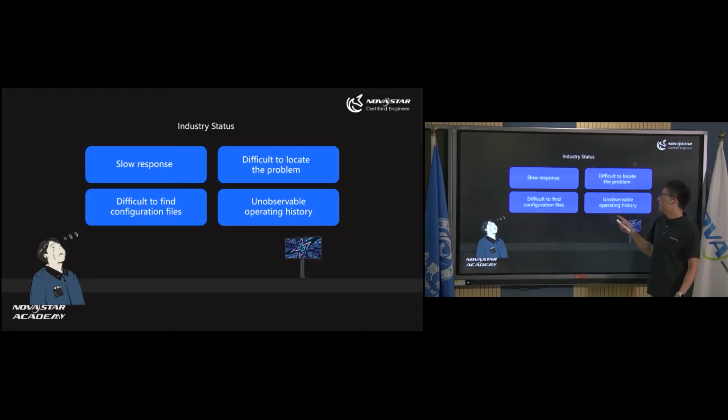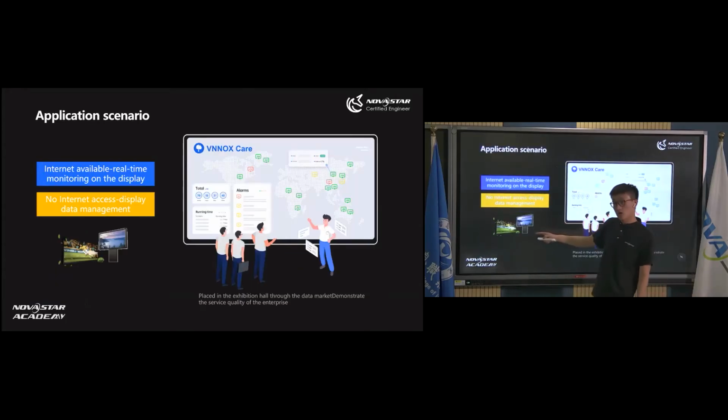And all the operating history can't be found because there is no database and no one recorded it. Where to record it, we don't know. So after investigating these difficulties for our distributors, we launched our second generation of remote monitoring.